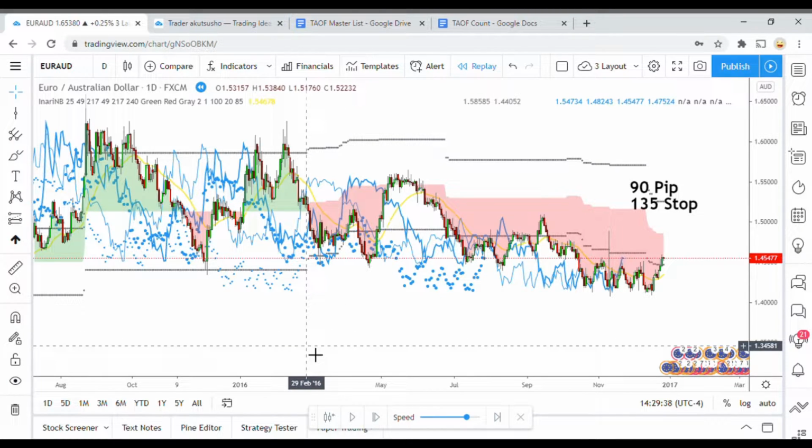Now, I am well aware that there is probably more to it than just that. I'm sure that there are probably other aspects of the indicator that should be in place before a trade should be taking place. But again, without knowing the exact mindset of the creator or even the developer of the indicator, it's really hard to know what we should be doing when we have an indicator of this nature with so much going on.